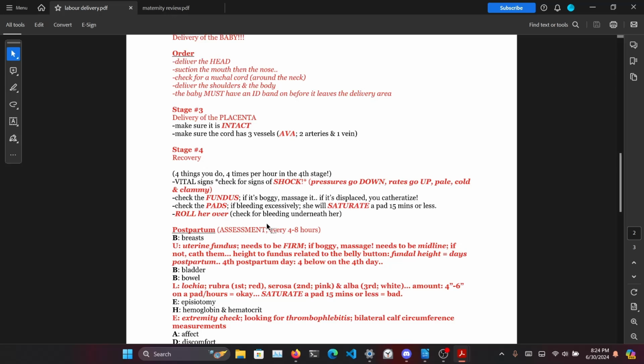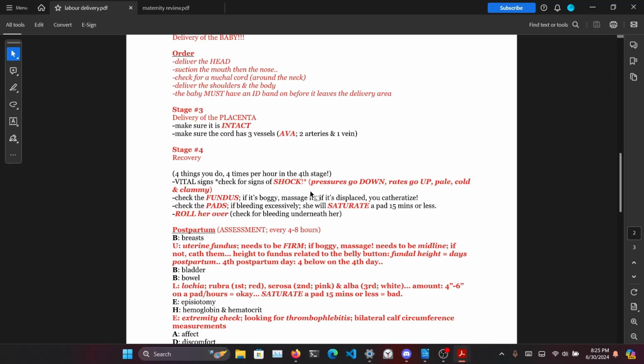Sometimes the bleeding goes to the back and you think the patient is not bleeding more than normal, so it goes missing. So you have to roll her over and check the bleeding underneath her. So these are the 4 things you will do: vital signs, fundus, pads, and rollover.